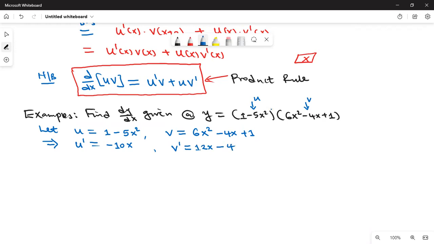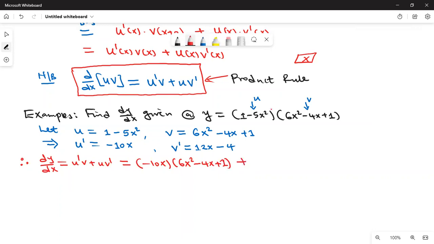So therefore, come back to the product rule, dy dx is the same as u prime v plus u v prime. So that is equal to our u prime, that is negative 10x, times our v, which is 6x squared minus 4x plus 1.